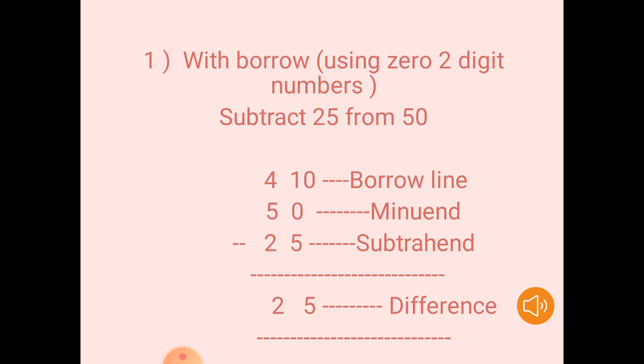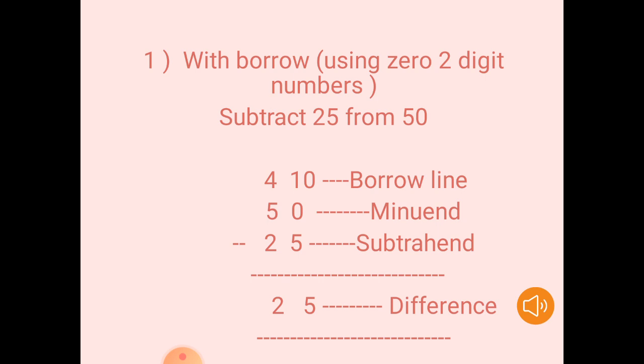When I borrow, I have to go to the next place, that is, the tens place. So here 5 tenths means 50. When I borrow 1 from 5 tenths, it becomes 40, which is remaining, and that 10 I am taking in the units place. So 0 becomes 10.